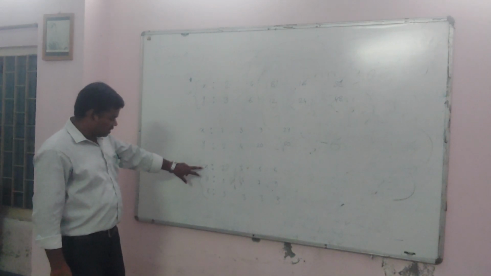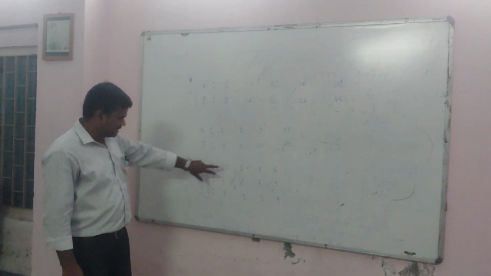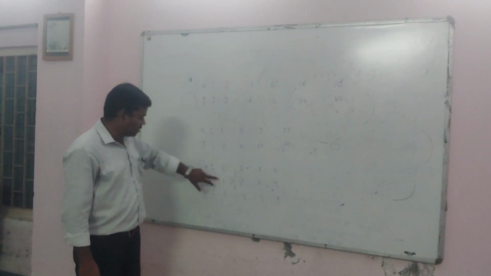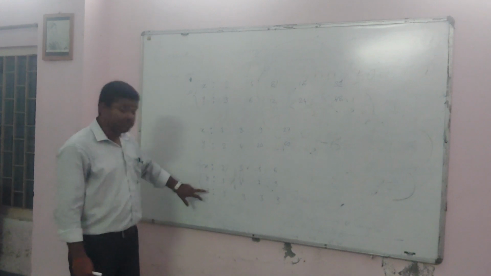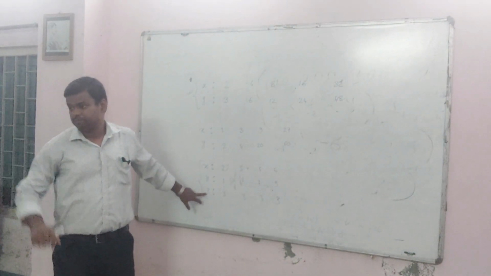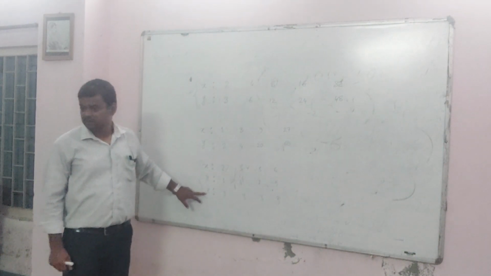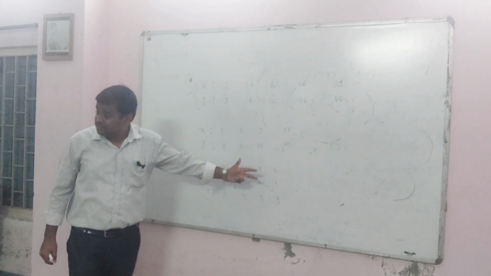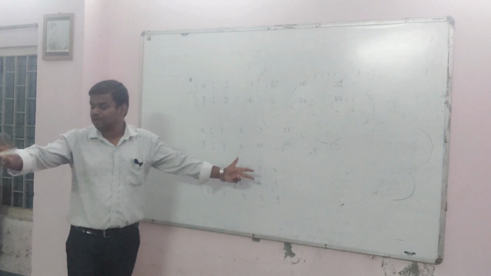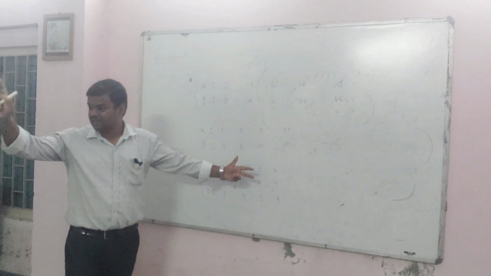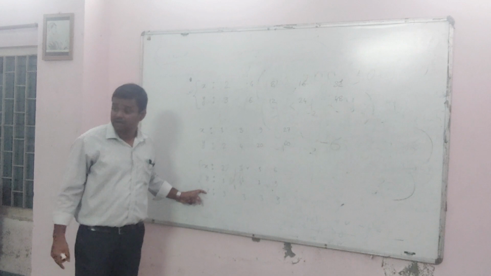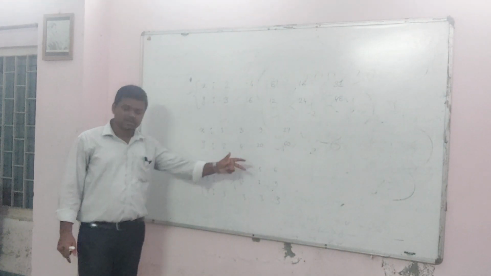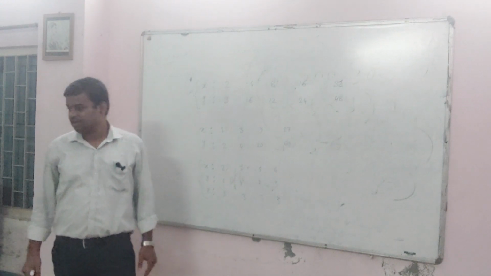So in this example, it is clear that when the value of x increases, value of y also increases, but the value of z remains same. That means changing values of x and y have not any significant impact on change in value of z. So they are said to be partially correlated.